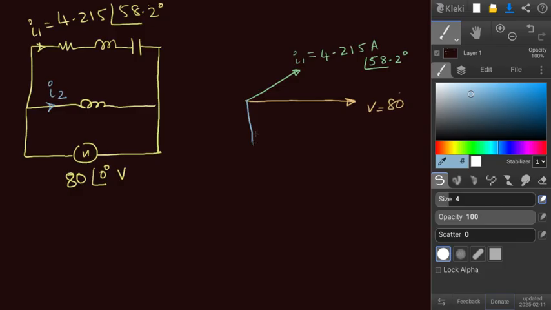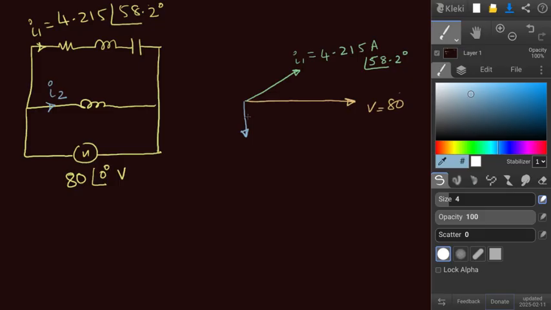The relation will be like this, because it's a pure inductance. There is no resistance in that second branch. Whatever current flows in the second branch will be exactly 90 degrees with the voltage, 90 degrees lagging.